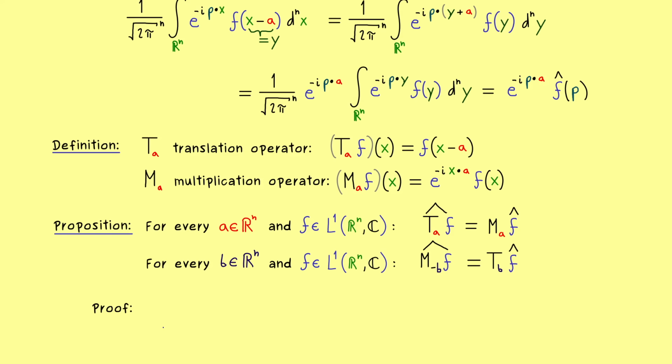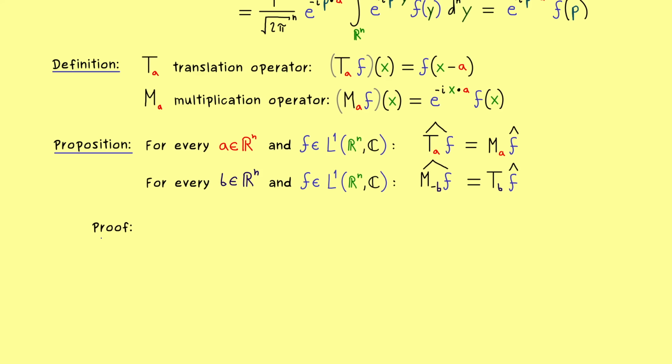And now I would say it's also helpful to see the proof of this second formula. So there the starting point is to look at this new function given by the multiplication operator, and then we want to calculate the Fourier transform of it. And then let's evaluate it at the point p. This means we just have to use the definition of the Fourier transform given as an integral operator.